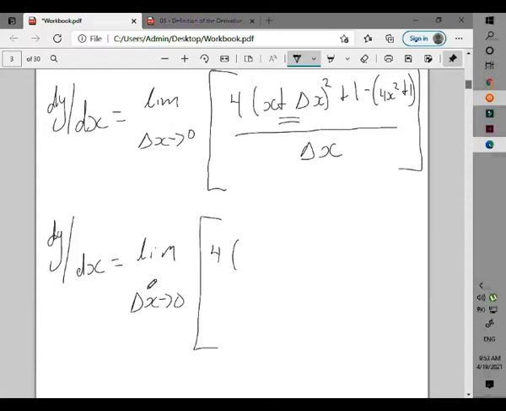Next you're going to have x squared plus 2x delta x, not close brackets yet, plus delta x squared close bracket plus 1, minus 4x squared plus 1 close bracket.